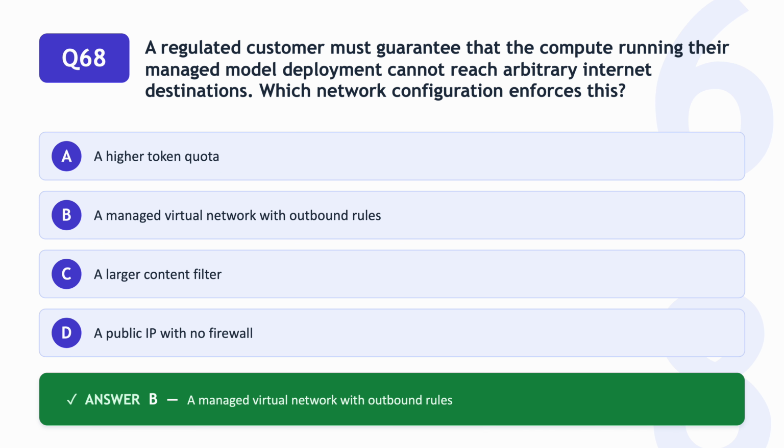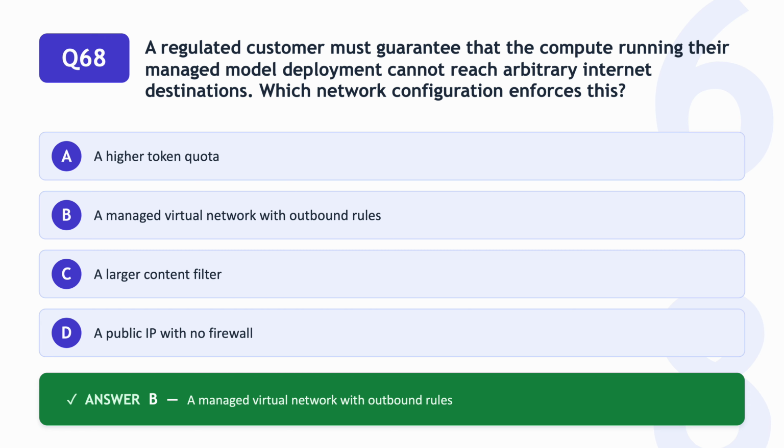Correct answer, B. A managed virtual network with outbound rules. Why B is correct. The requirement is managed model deployment, no access to arbitrary internet destinations, enforced network controls, regulatory security compliance. A managed virtual network, managed VNet, with outbound rules allows you to restrict what the managed compute can access.